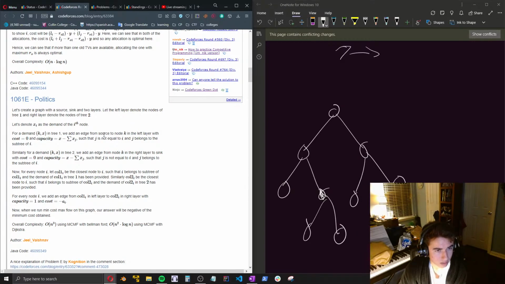From the source to node K in the left layer, cost 0, capacity X. I'm too lazy to read this.